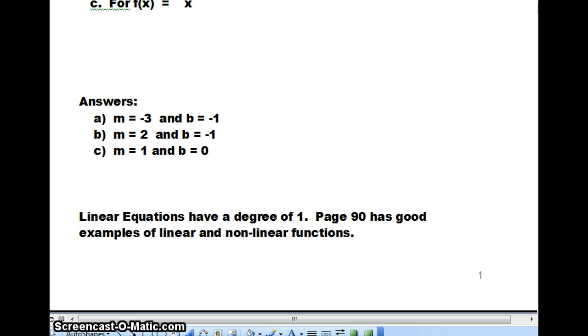The ones that are nonlinear functions are the ones on the bottom, and you can see that the first one has an x to the second power. On the second one, it has an x in the denominator. The third one has a square root of x plus 4, and then the fourth one again has the x plus 3, all of that to the second power.